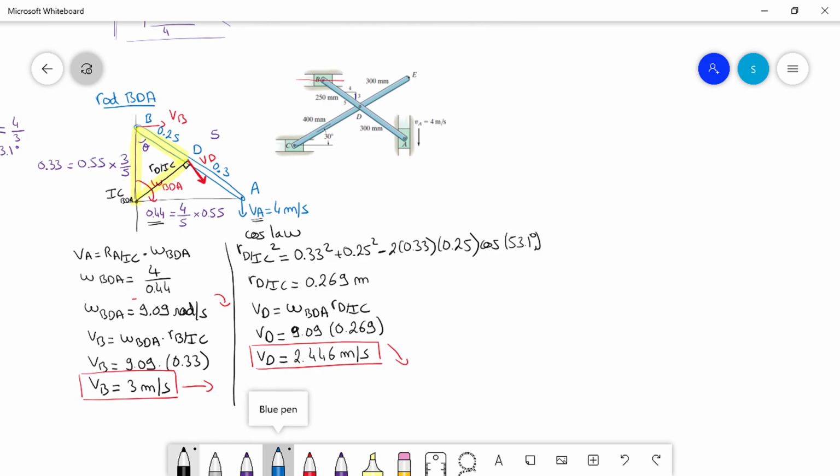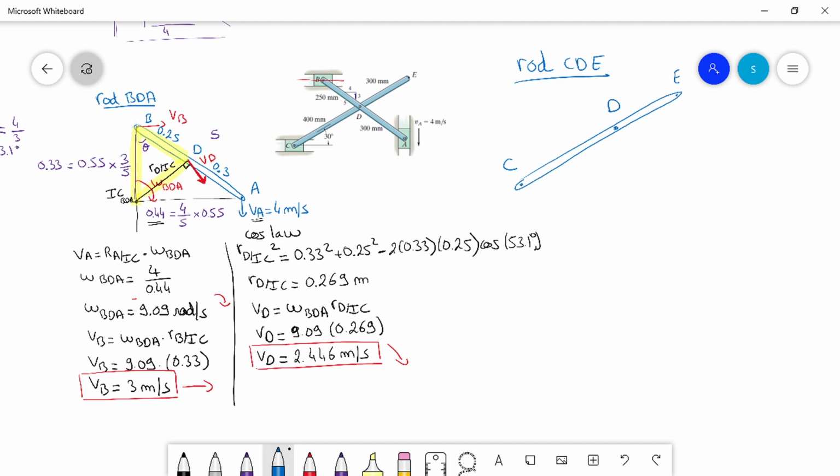Now we will go on the rod CDE. Let me draw the rod CDE. CDE is a long rod like this, at the point C, at the point D, and at the point E there.